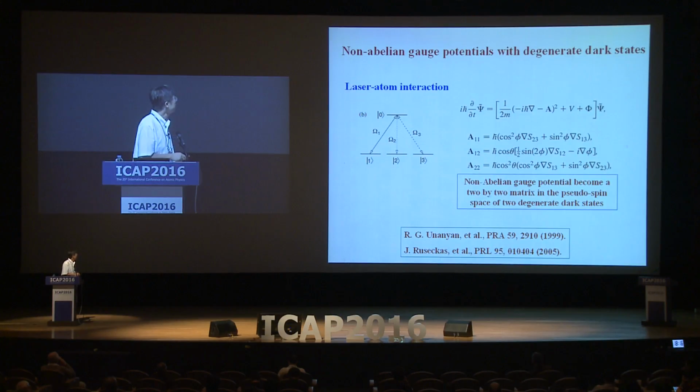In this scheme, it suggests using three Raman lasers to couple three ground states in a tripod energy configuration. This tripod configuration leads to degenerate dark states. So the non-abelian gauge potential becomes a 2x2 matrix in the pseudo-spin space of the two degenerate dark states.